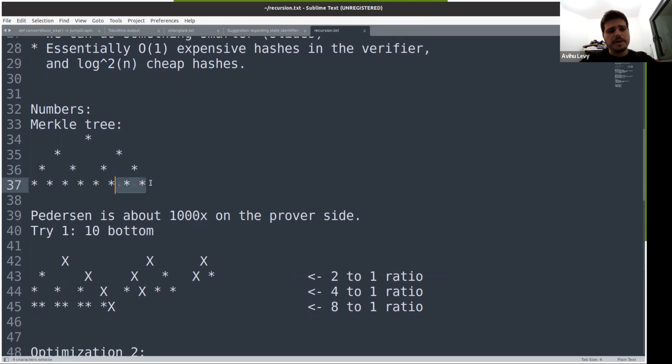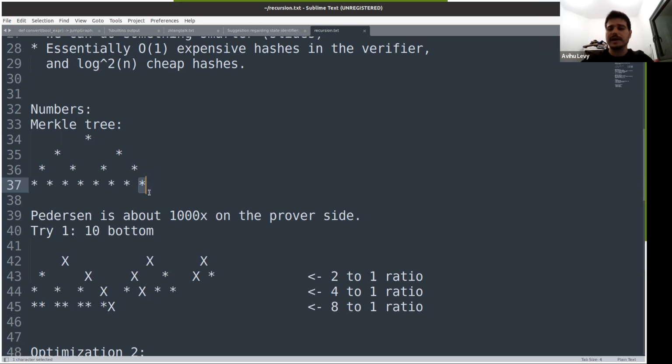Well, this makes it look like, okay, so the prover pays about the same, but how much do we gain for the verifier? The verifier, for each authentication path from the root to the leaf, has 10 expensive ones, and the others are not as expensive.